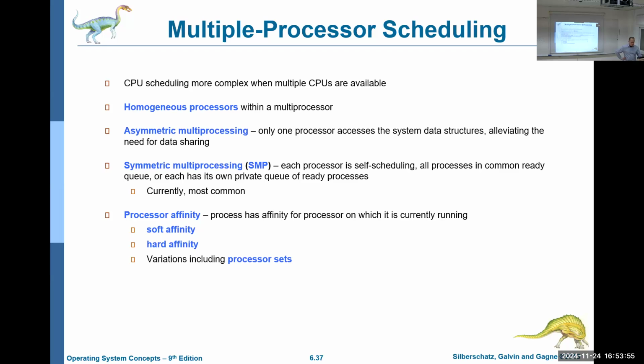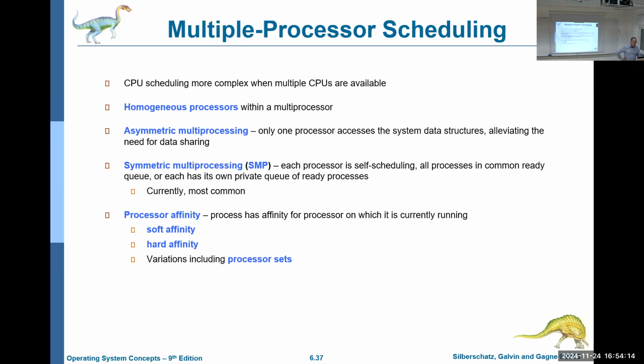Each processor is self-scheduling, with all processes in a common ready queue, or each has its own private queue of ready processes. You could have a separate queue for each processor. Isn't that just asymmetric?